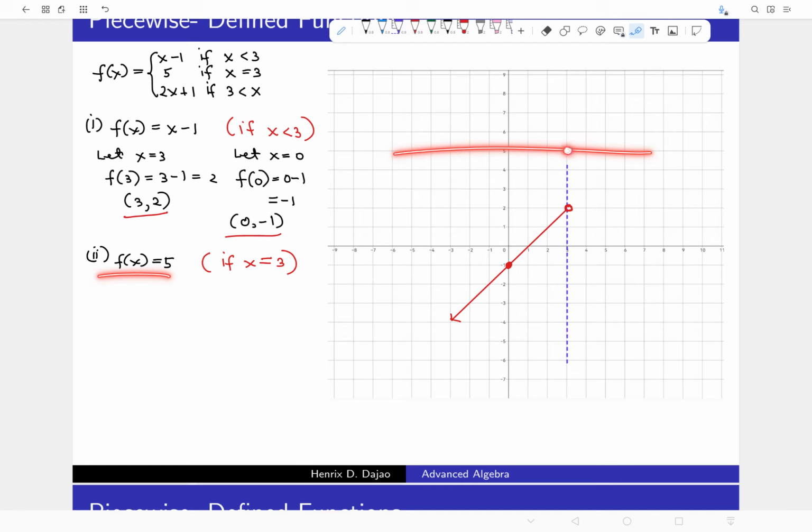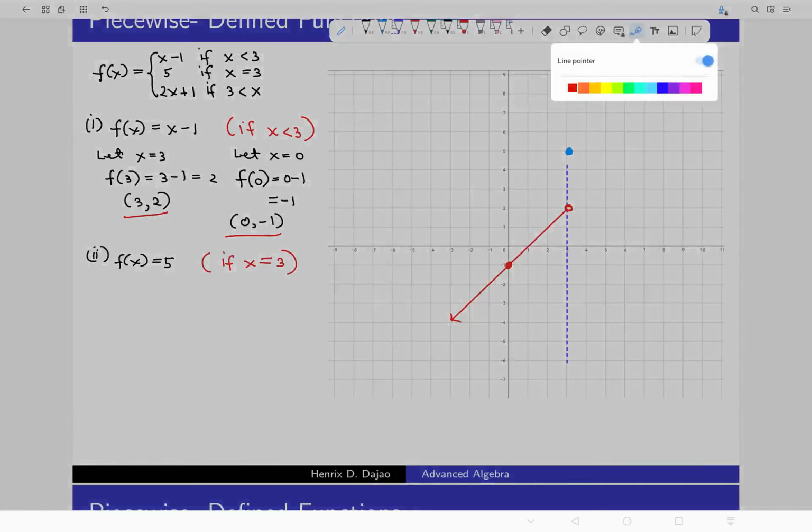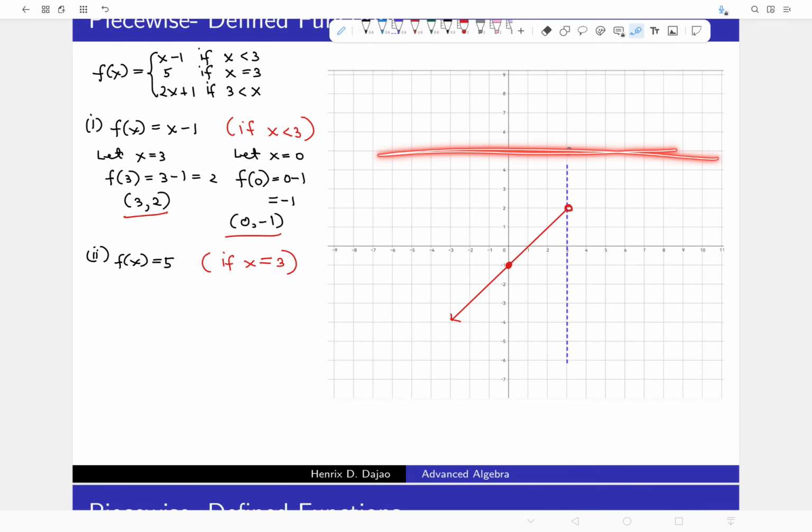So we are going to put a solid point, which indicates that it is really the only part of the line that we are going to plot for f of x equals 5. So that's the only part of the line f of x equals 5 that we're going to plot, since we are only to consider x equals 3.